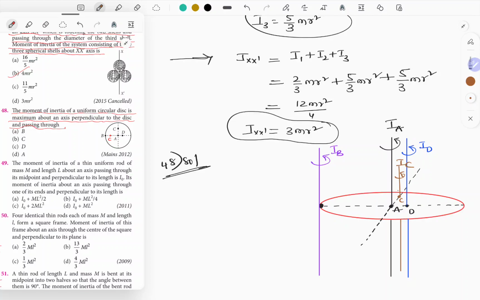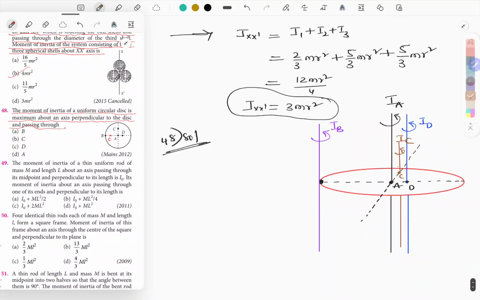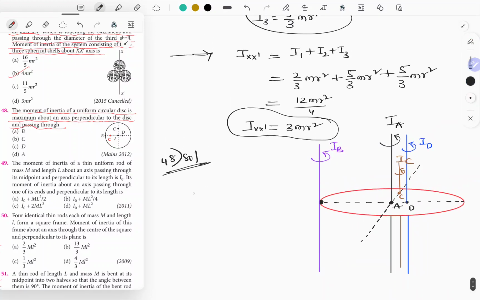Now one point that you need to understand is, what's the formula for the moment of inertia of this disc? The moment of inertia of the disc through the center of mass, through the point A, is IA equal to m r square by 2.